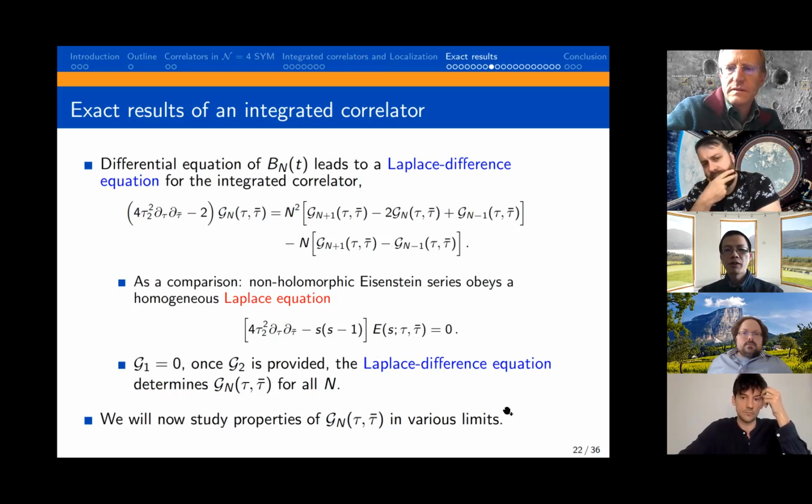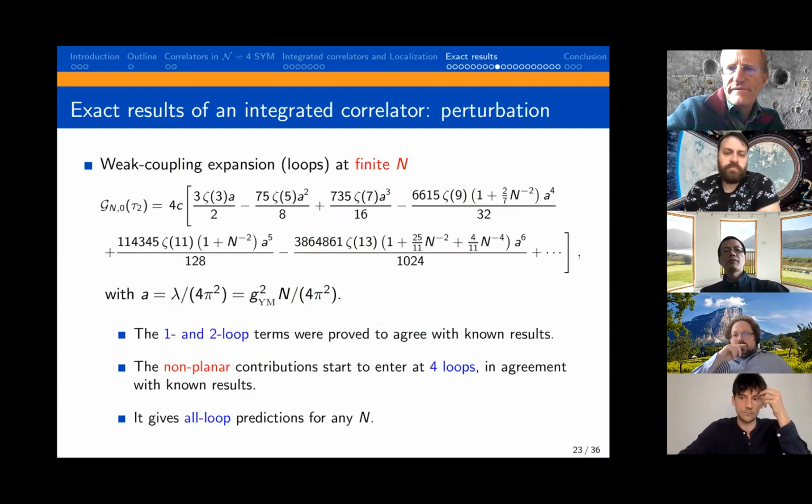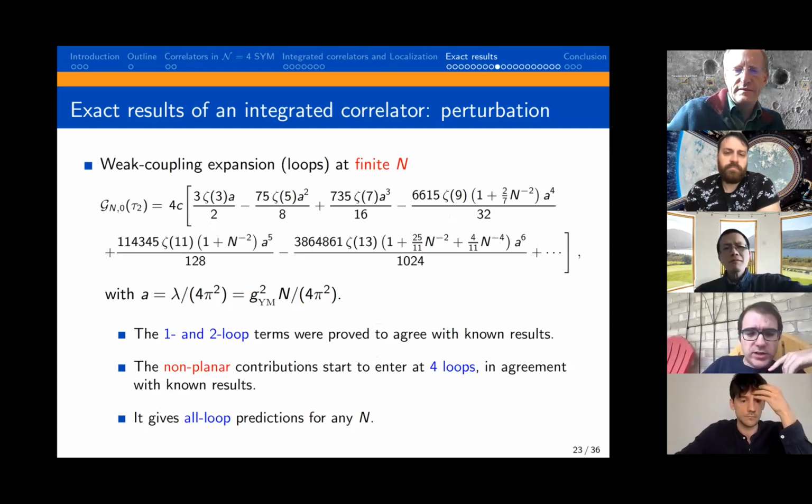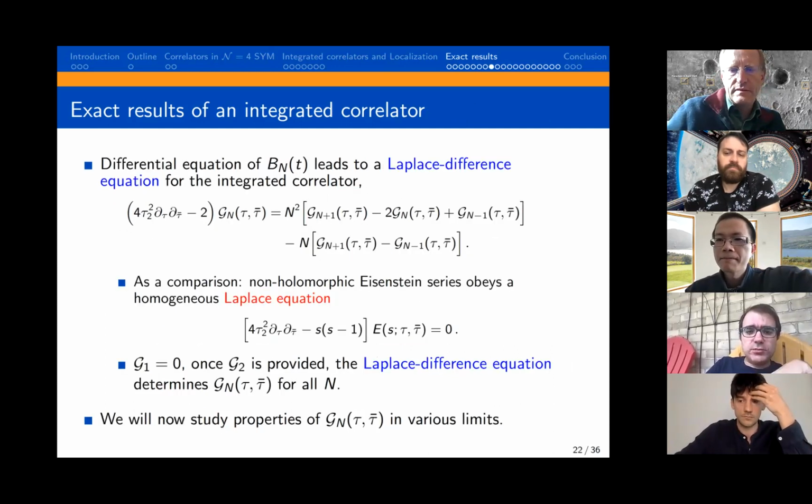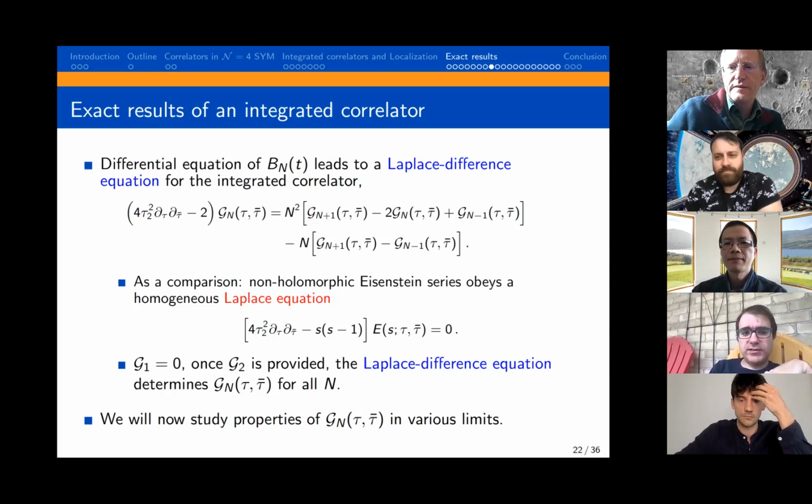From now on, I will just study some properties of this object. Sorry, can I ask a question? Now that you got this beautiful equation, can you derive it from its definition? Would it be possible to start with the original definition of this G and recognize it?